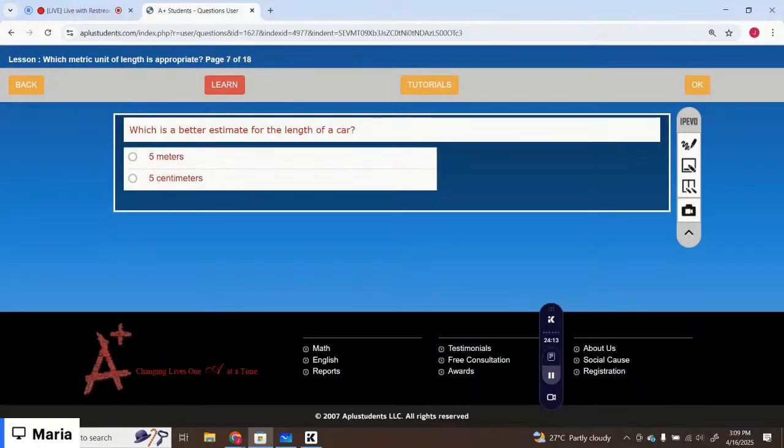Which is a better estimate for the length of a car? That is 5 meters.